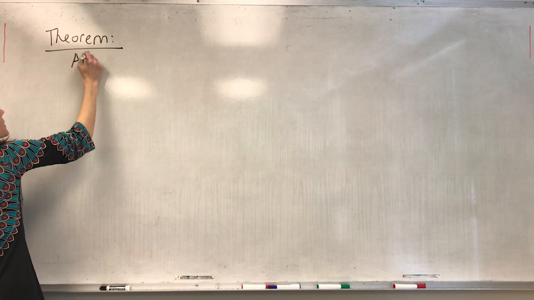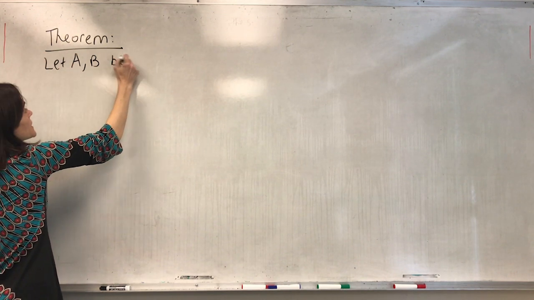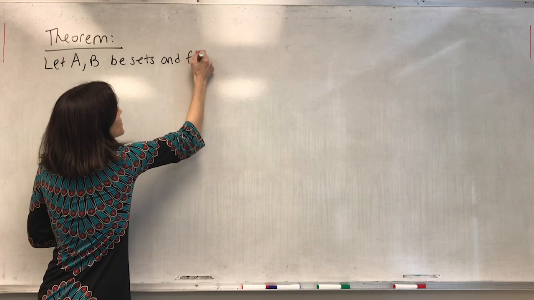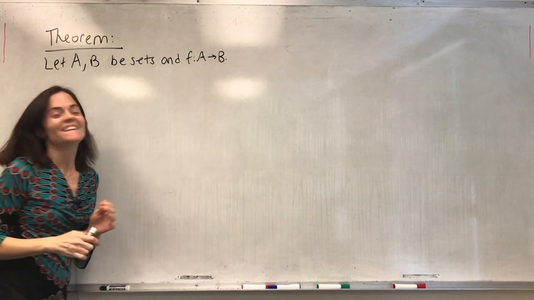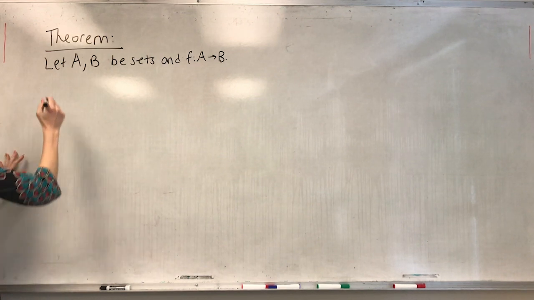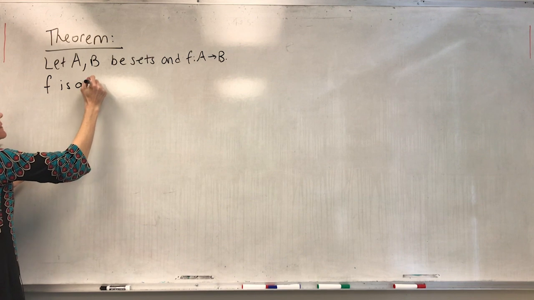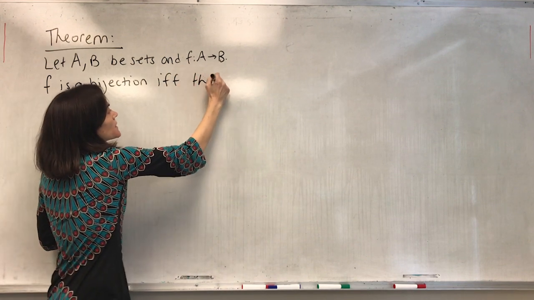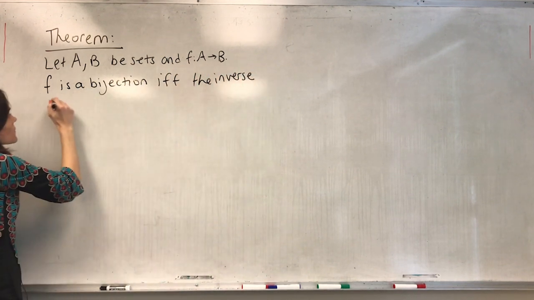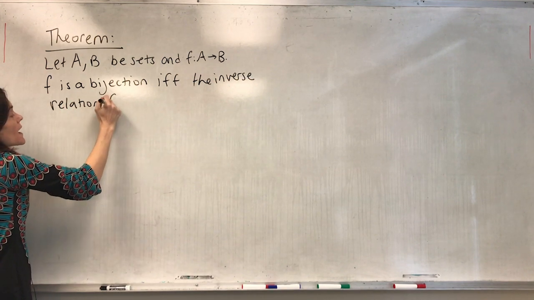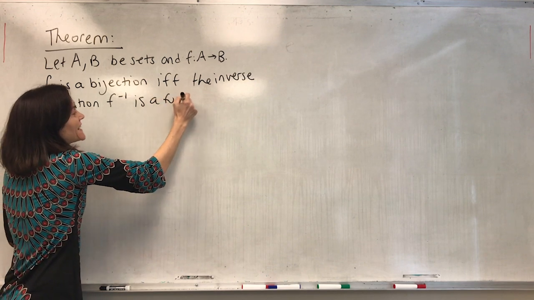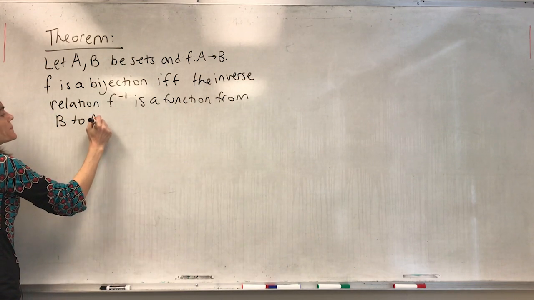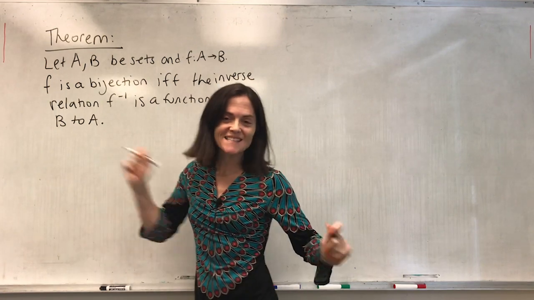We will let A and B be sets, and we will have some function F that goes from A to B. This theorem says that F is a bijection if and only if the inverse relation F inverse is a function from B to A.